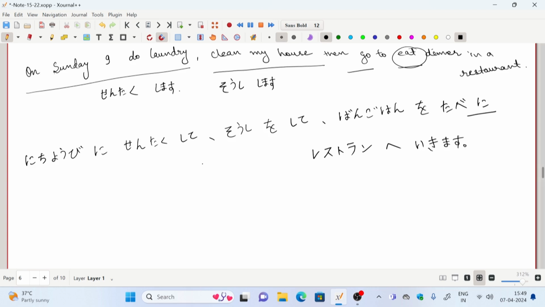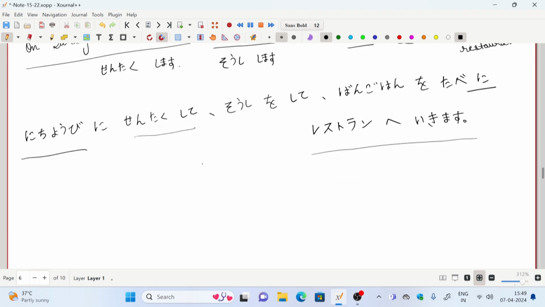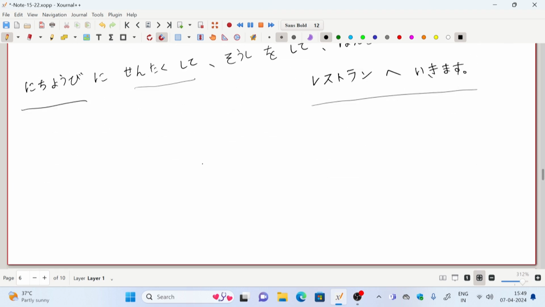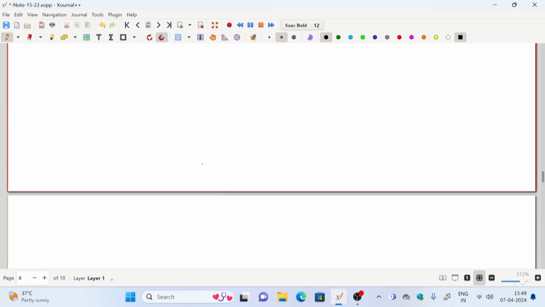So nichiyobi ni, on Sunday, sentaku shite, soji o shite, ban gohan o tabe ni restaurant e ikimasu. This is how we'll use the te form of the verb to add two or more verbs together if they are in a sequence. We want to talk about it in the sequence.